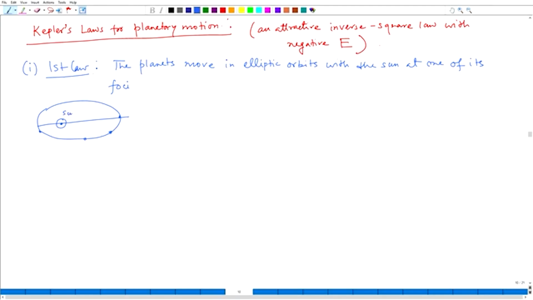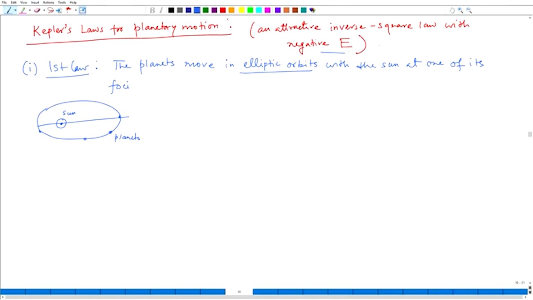So, here it is a sun and there is a planet. So, that was the first law. We have actually shown the first thing, that elliptic orbits are completely consistent with our knowledge of the nature of the trajectory under negative total energy, which says that the motion will be bounded, and that is why you will have an elliptic orbit, because the orbit must be a conic section.